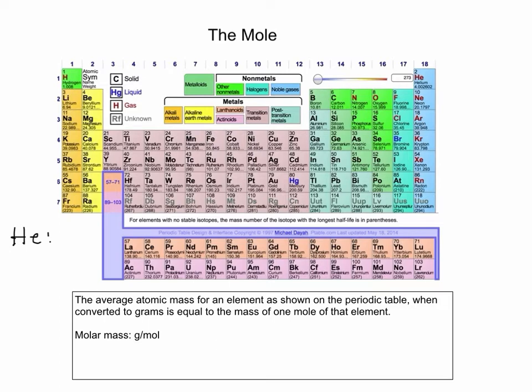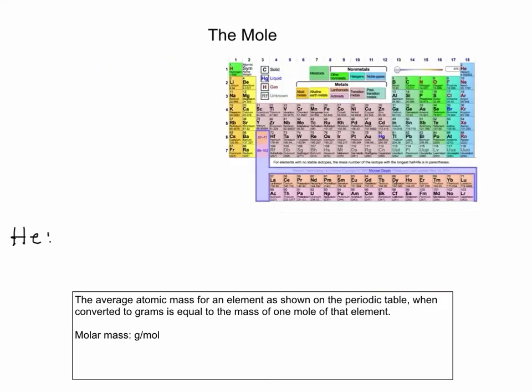But if we change that to grams, I get 4.002 grams per mole. And this is the mass of 1 mole of helium. So if I had 4.002 grams of helium, I know that I have 6.02 times 10 to the 23rd atoms of helium.